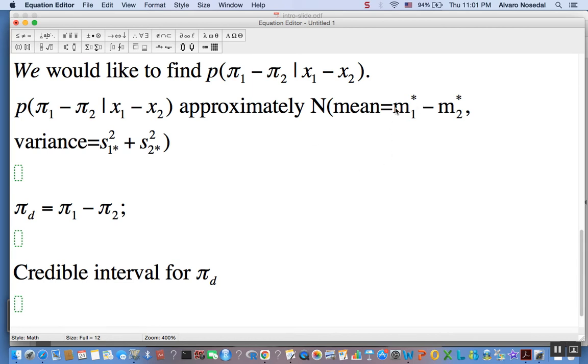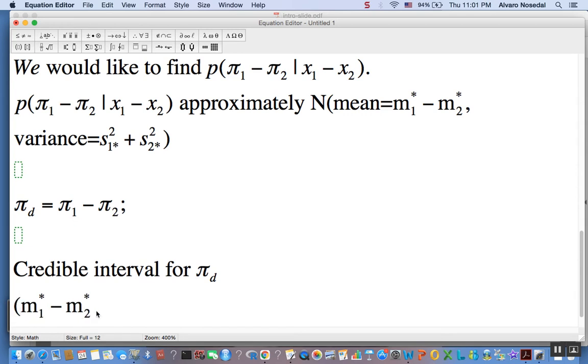normal is centered at its mean, so that's the mean that we need, plus minus C star, a critical value, a number coming from a normal 0, 1.